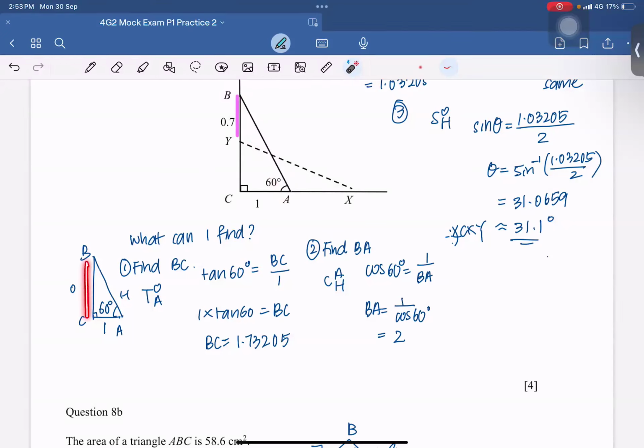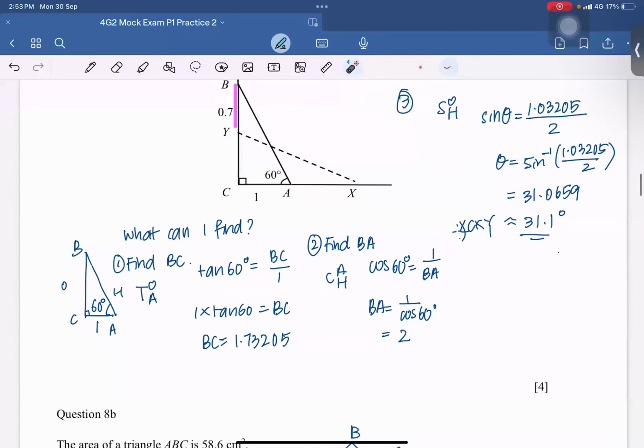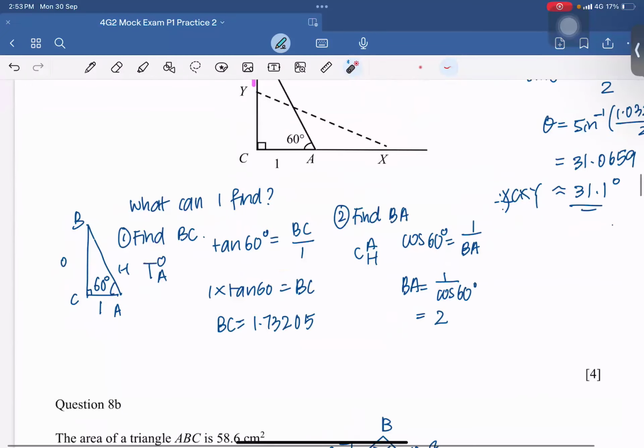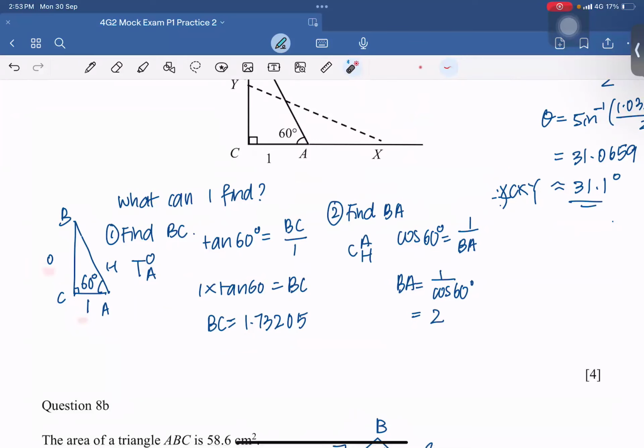So first, I find what is BC using my O over A, tangent. So tangent 60, opposite over adjacent. Since the unknown is at the top, multiply the denominator away. Answer. For this part, BC.